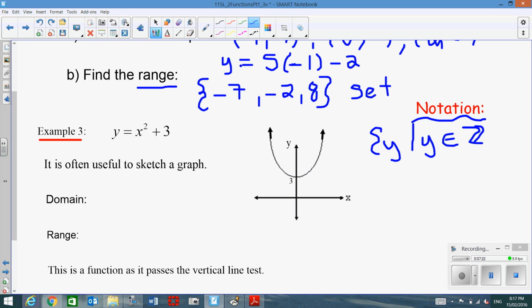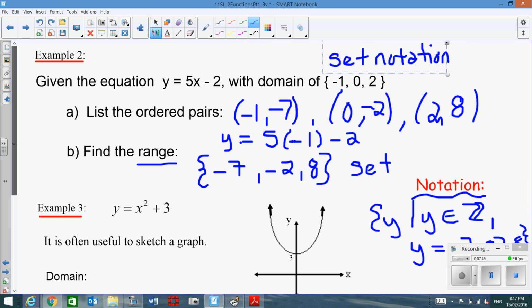And this diagonal line, y such that, that "such that" just means you're describing y a little bit more particular, a little more specific. But then we're not including all integers. We're really just including when y is equal to -7, -2, and 8. And then we close our brackets.